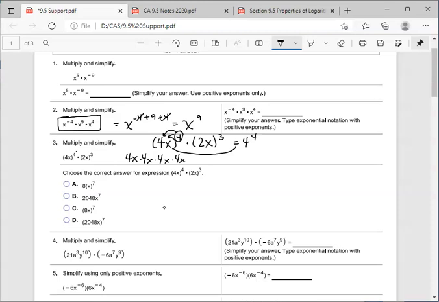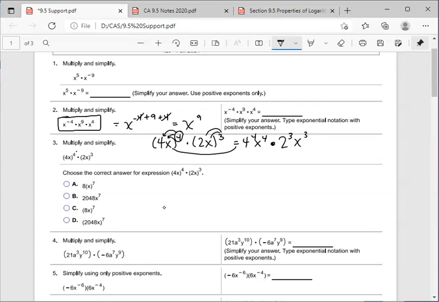And we've got 1, 2, 3, 4 x's, so that would be x to the fourth. So that 4 needs to go with each one of these things. And this is why, because that's what it means. Okay, that's kind of the trick there. So this 3 on the outside needs to go with each one of these terms. So that means that we would have times 2 to the third times x to the third.